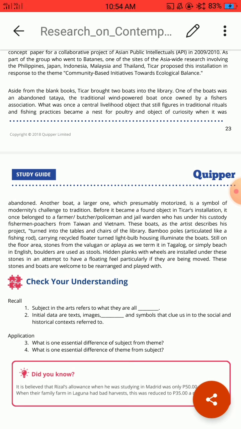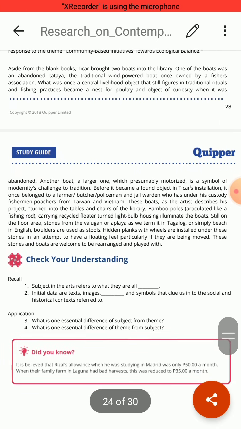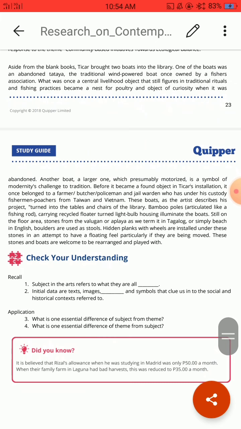So katong mga boats, as the artist described in his project, turned into the tables and chairs of the library. Bamboo poles articulated like a fishing rod, carrying recycled floaters and light bulb housing, illuminate the boat.